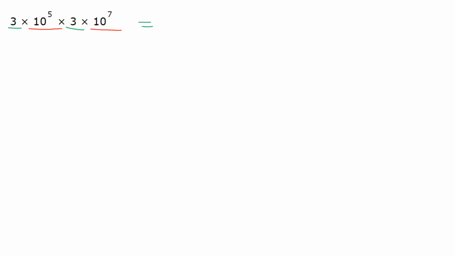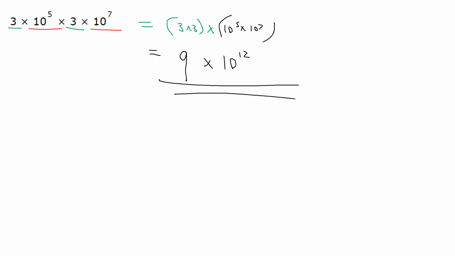So that's just going to be 3 times 3 times 10 to the 5 times 10 to the 7. 3 times 3 is 9. 10 to the 5 times 10 to the 7 is going to be 10 to the 12. And that is our final answer.